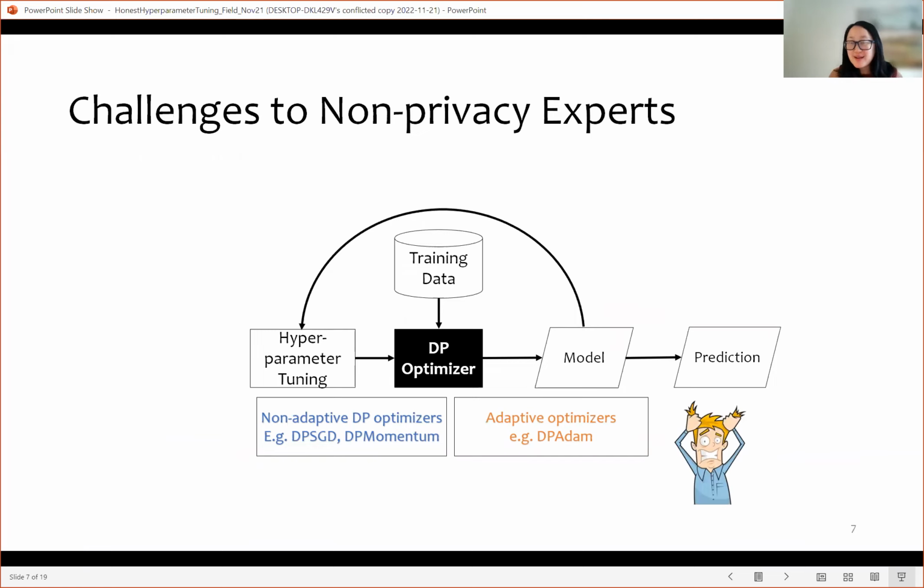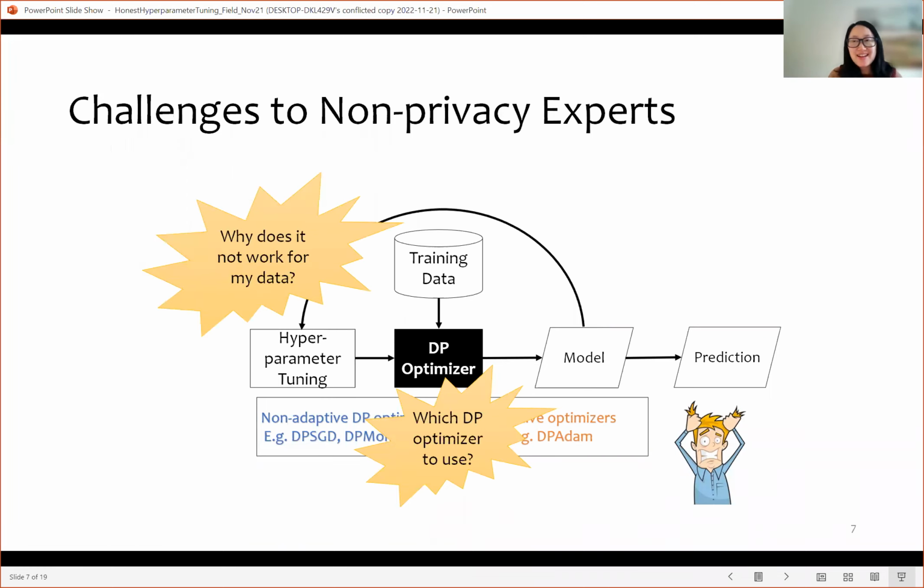as non-privacy experts, when we look at so many optimizers, the question we ask is, which DP optimizer should I use? Maybe we should just use the latest one published at a recent conference, right? If we go and try it, sometimes we find out it doesn't work all the time for my data or for my application. Why is that?